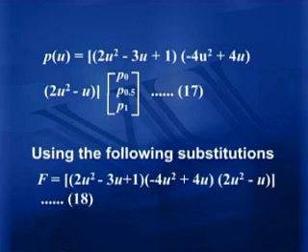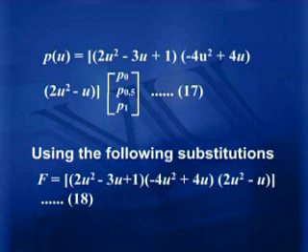You can convince yourself by actually taking a product of this, and you will come up with the same equation that you had in equation 11, which was defining P of u. Let's mark this equation, which is expressed in terms of matrices, as equation number 17. So you see, P of u has been defined as a product of a row matrix and a column matrix.